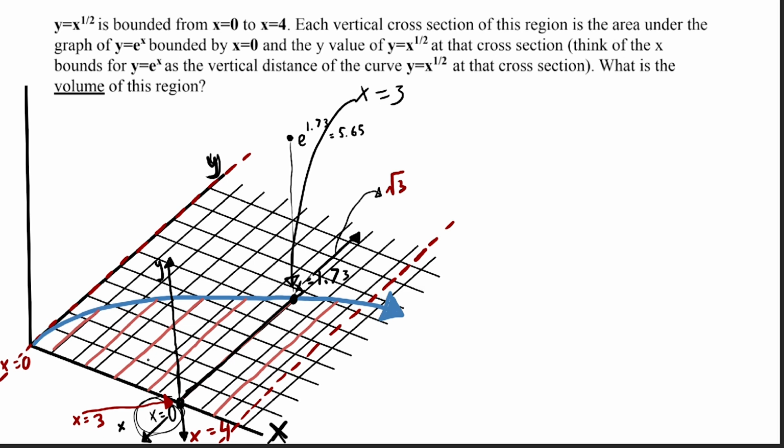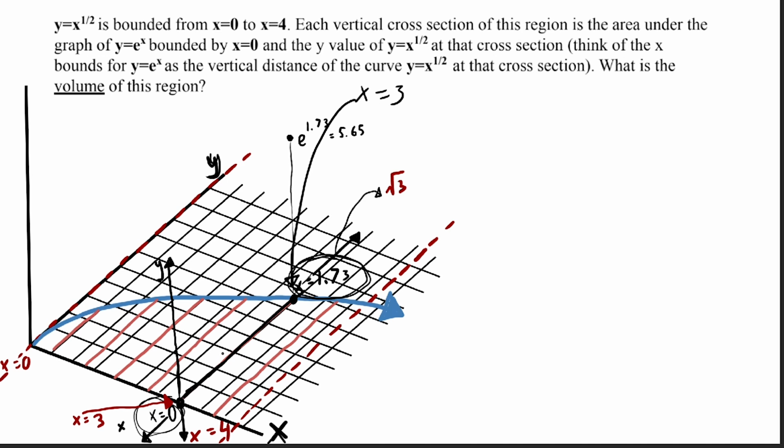It's the area under the graph, so from x equals 0 to x equals the y value at this cross-section. And so this y value is 1.73 because at this cross-section x equals 3 for this x and y axis, and then to get the y value along this blue curve, since square root of x is the equation, you take square root of 3 to get 1.73.